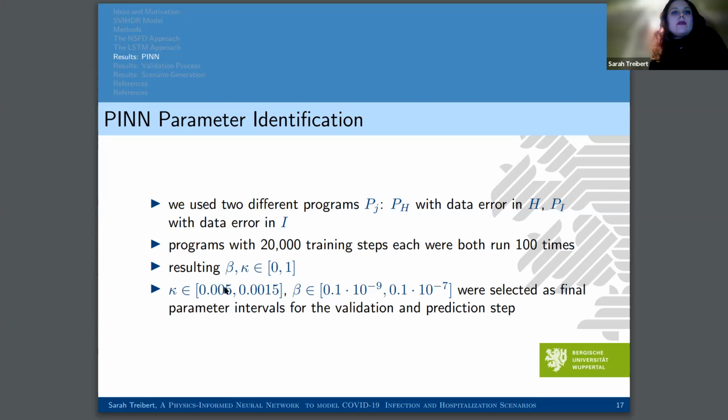Okay. So, we ran those programs several times and got resulting beta and kappa in the interval between 0 and 1. And we then computed that kappa and beta would most certainly lie in the following intervals. So those were selected as the final parameter intervals for the validation and prediction step.